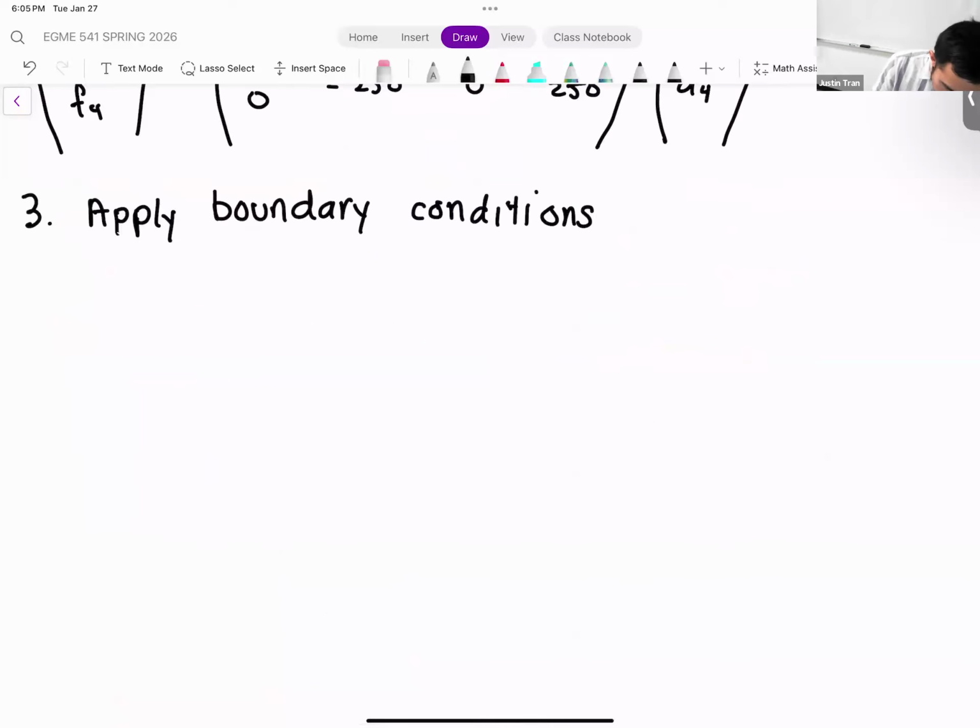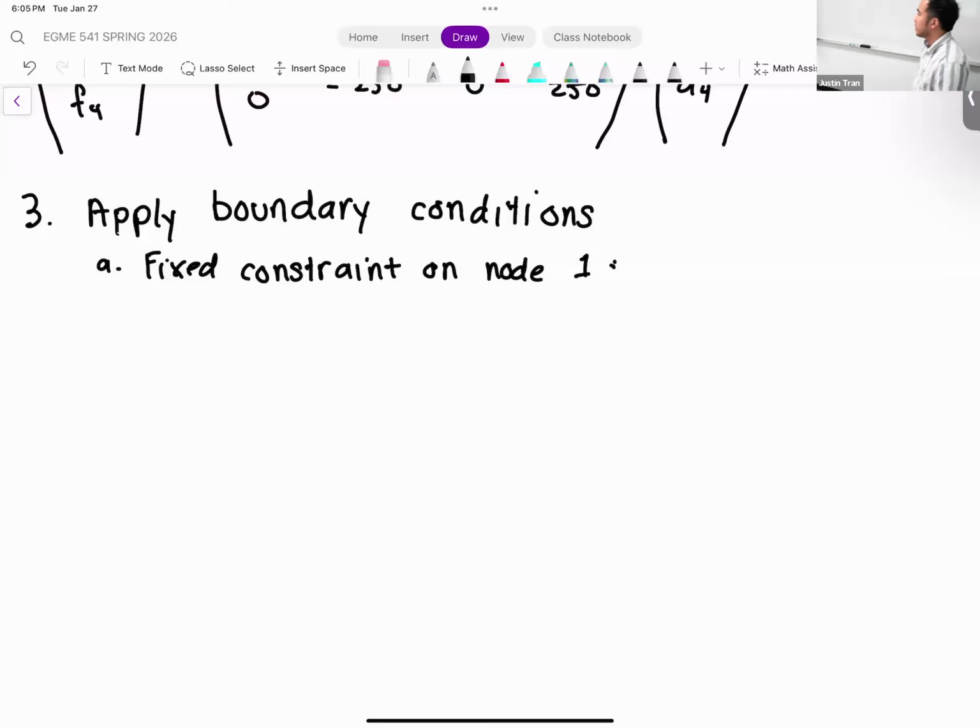So let's go through each of the boundary conditions. The first one is we have a fixed constraint on node 1. Remember, a fixed constraint is directly going to specify the value of the solution at that location.